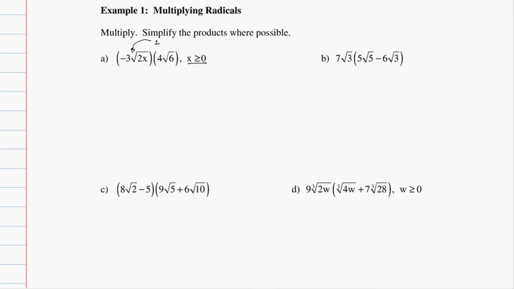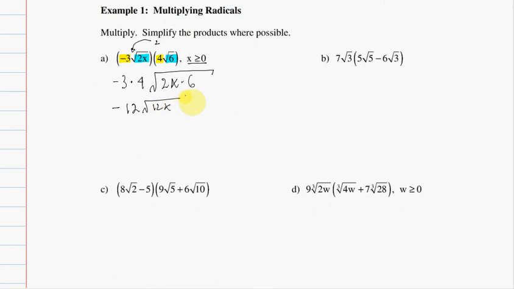Okay, so we're going to multiply our coefficients together, and then we're going to multiply the radicals. So negative 3 times 4, square root, and then 2x times 6. So that's going to give us negative 12 root 12x.